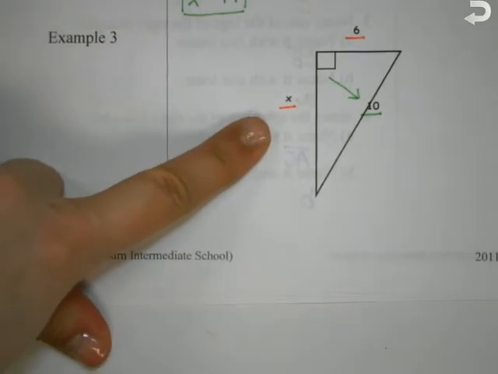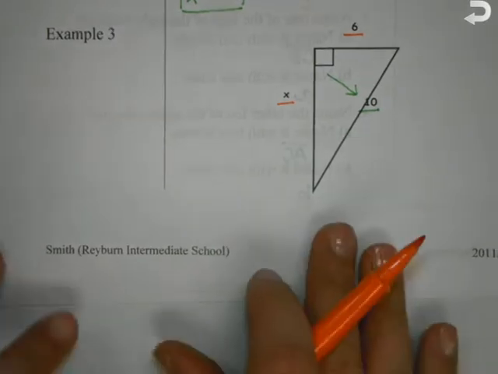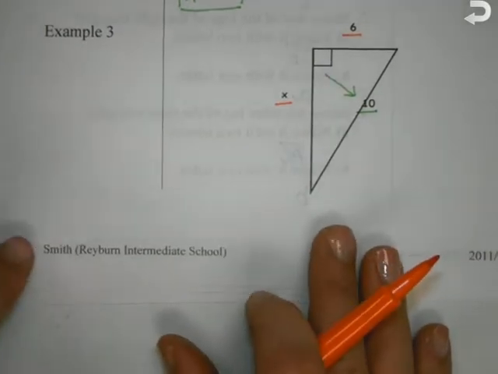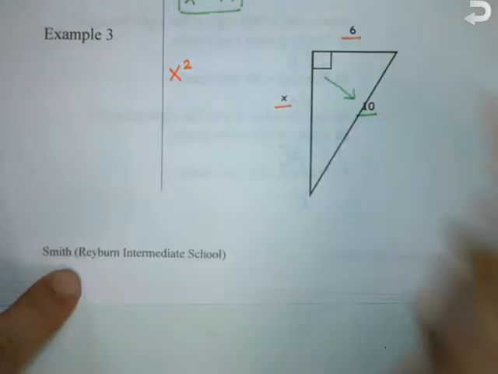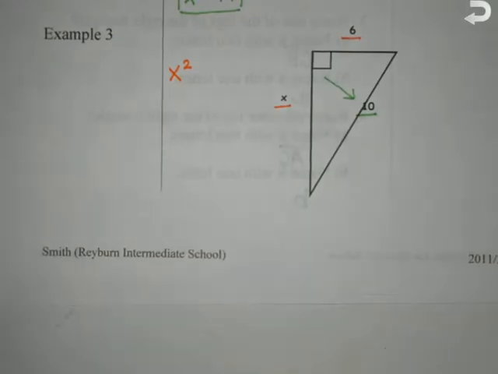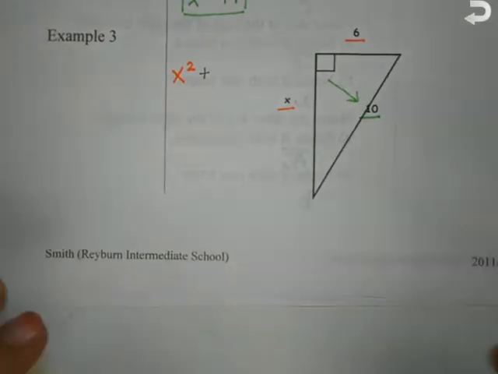What is the Pythagorean theorem? Leg squared plus leg squared equals hypotenuse squared. So one leg is x, so x squared plus 6 squared is equal to, very good, is equal to 10 squared.